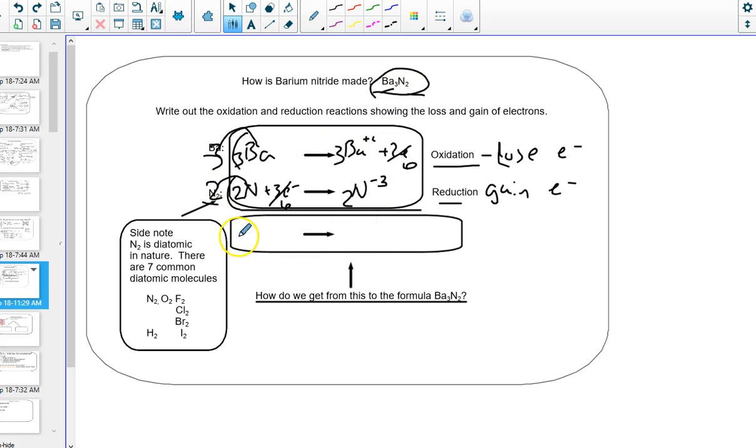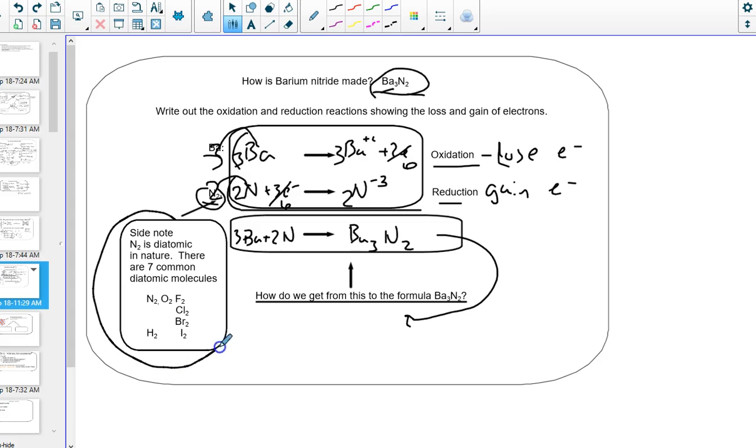So our overall formula would be 3Ba plus 2 nitrogens, or N2, if it comes in pairs, as shown here, will yield Ba3N2, barium nitride. And that's how we get that formula.